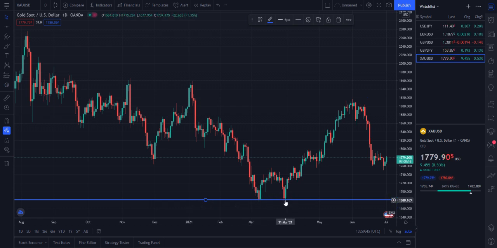Several traders actually managed to enter into deals on the 30th of March. And in such a scenario, usually you put a stop loss of 20 pips or 30 pips in order to secure yourself.